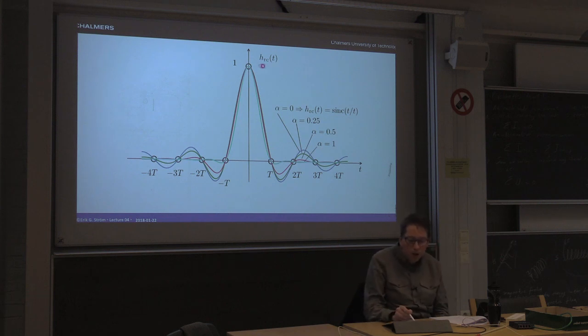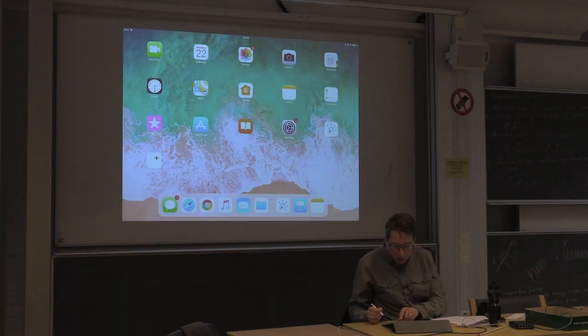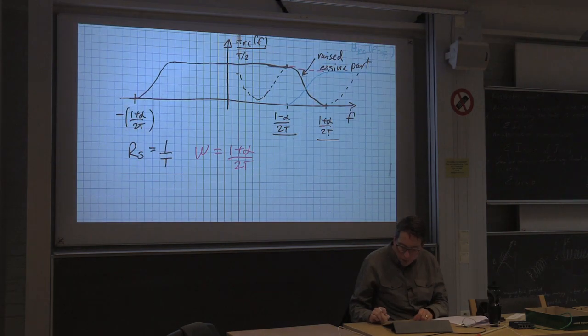Okay, but we have now only specified what h should be. And remember that h is the convolution of g, the transmitted pulse, and the receive filter. So how should we design those? Well, very often we would like to do it in the following way.